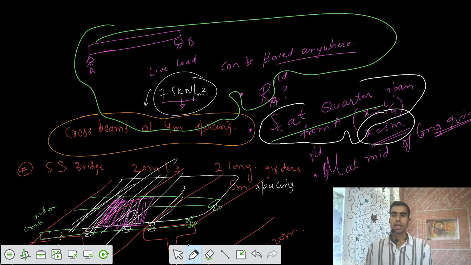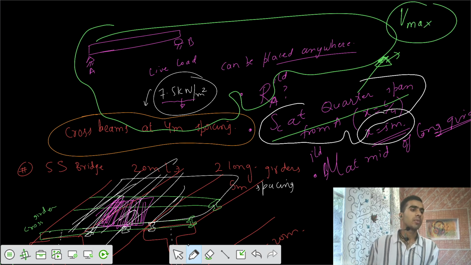I need to get the shear at quarter span. If I want the shear that is maximum, it can be positive or it can be negative. I want the shear at C to be maximum at the quarter span.